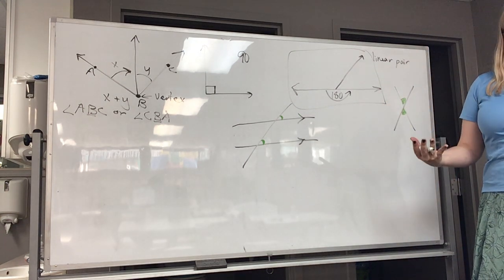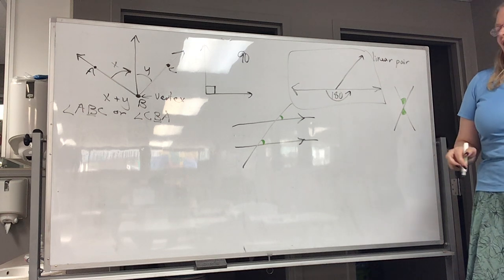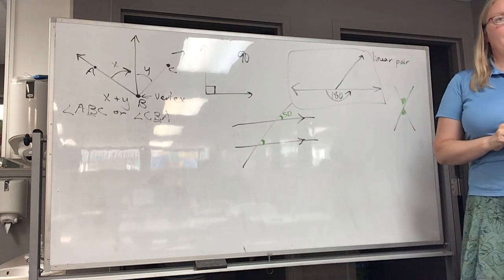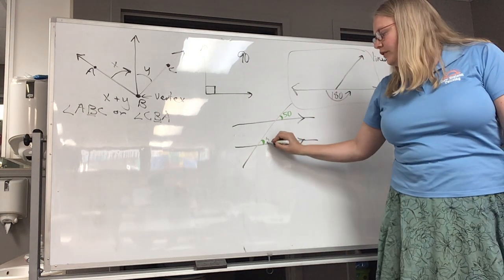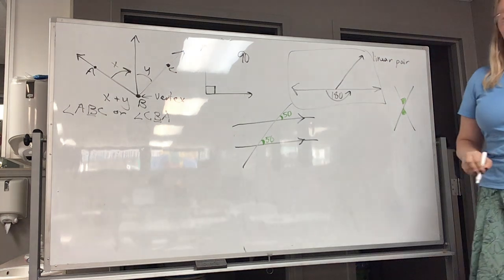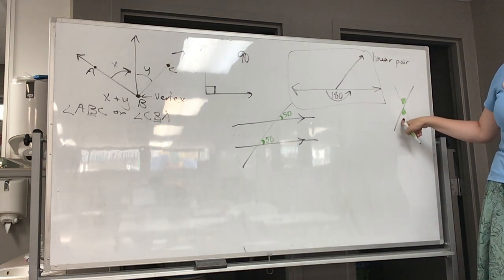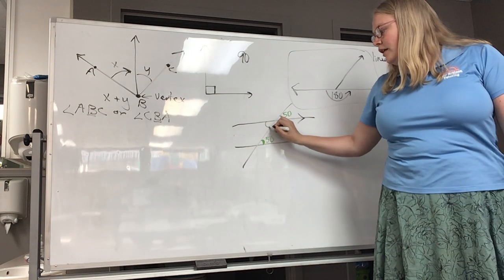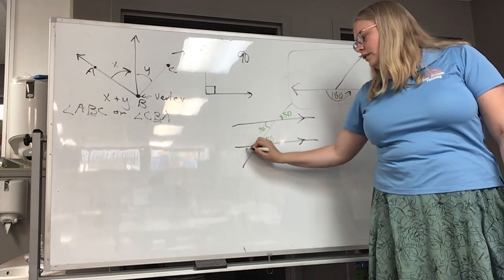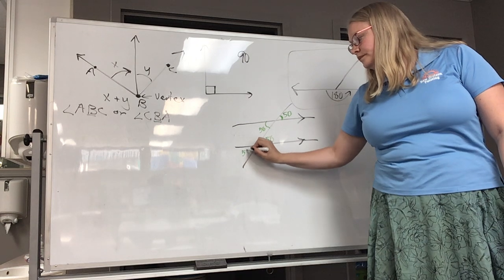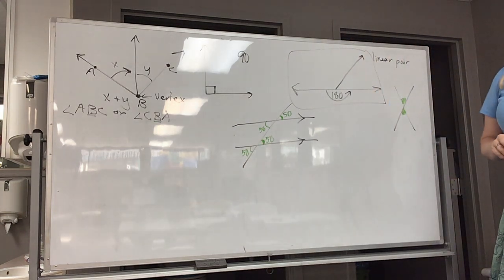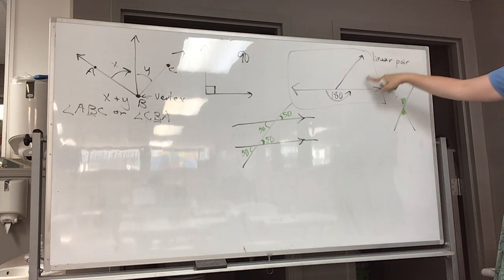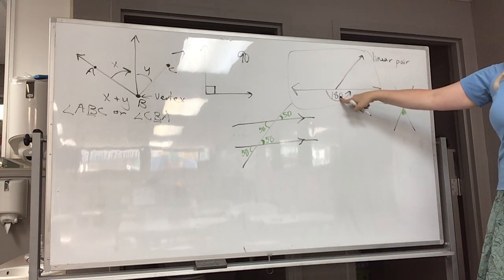And from that set of information, if this is 50 degrees, this is also 50 degrees. But we just talked about those vertical angles. And so if this is 50 degrees, this is also 50 degrees. And we talked about our linear pair, that these added up to 180 degrees.